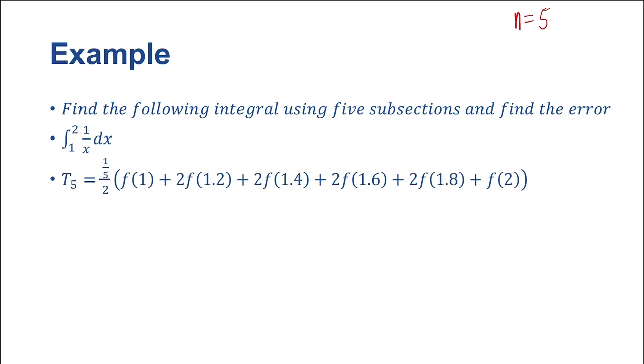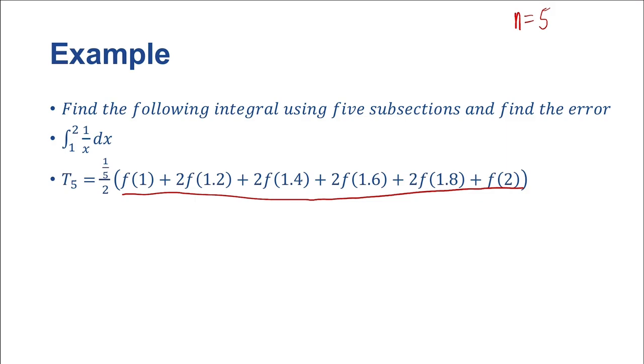This is going to be equal to 1/5, so delta x over 2. Delta x is 2 minus 1 over 5, so 1/5. We divide that by 2, and then we get all of these sums. So we get f of 1 plus 2f of 1.2 plus 2f of 1.4 plus 2f of 1.6 plus 2f of 1.8 plus f of 2.